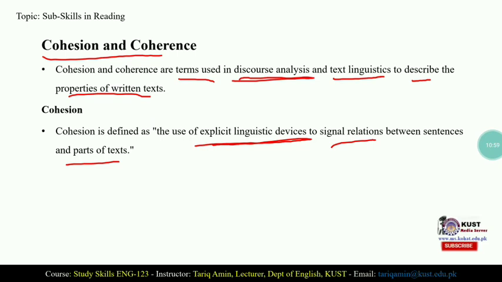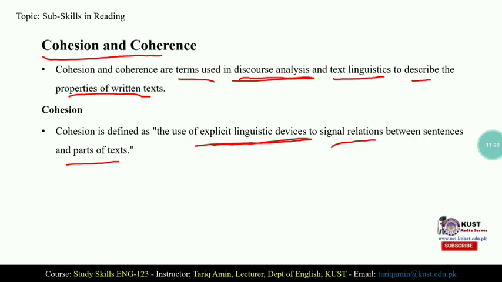For example, when you say that he is ill, now you say this sentence, he is ill, and after that you use a cohesive device, a linguistic device, a transitional device, you say he is ill, therefore. Now therefore is a cohesive device, a linguistic device, or we can say it is a transitional device.